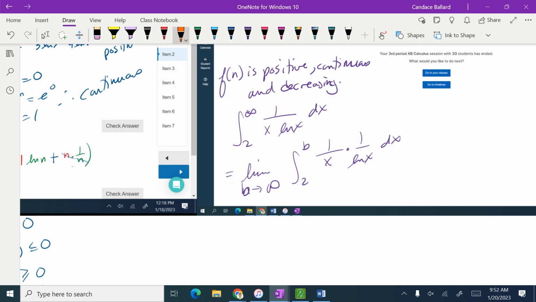Remember, the first thing we always try when we're integrating, if it's not a basic integral, is use substitution. I totally forgot that rule when I was looking at this problem. So what's the u? We kind of already hinted at it: natural log of x. That means that du is 1 over x dx, which, handy, I've got right there.